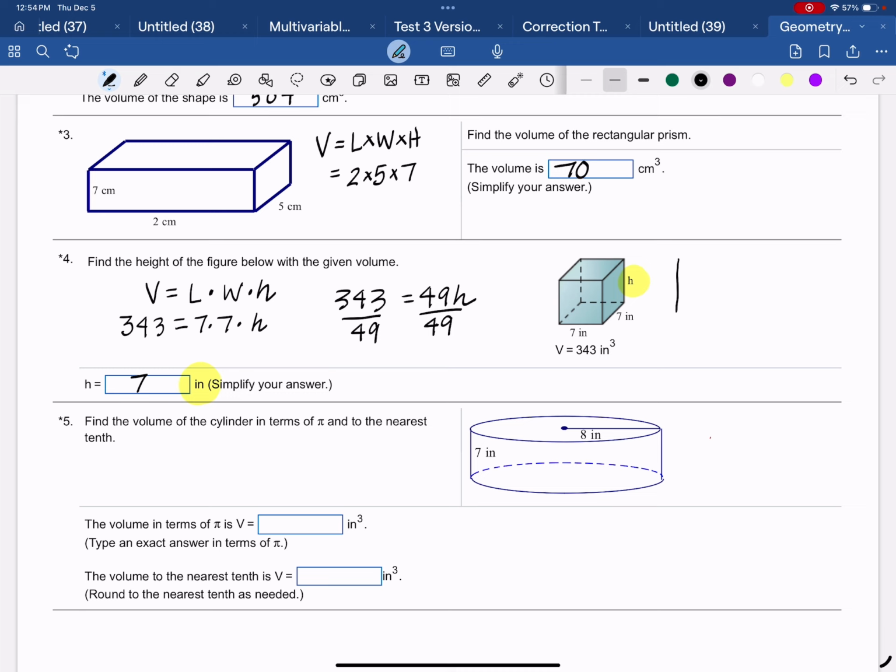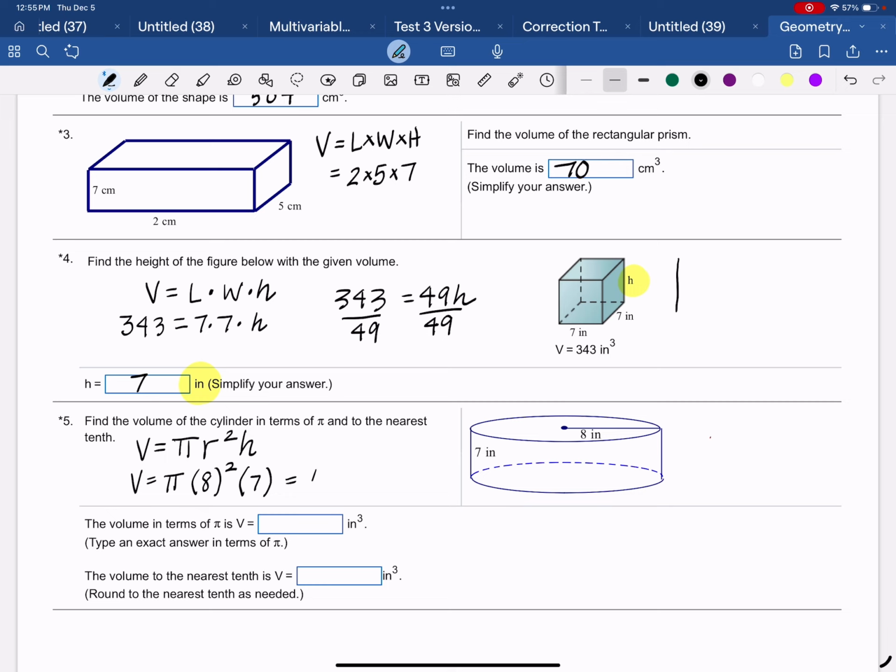Example number 5. Find the volume of the cylinder in terms of pi and to the nearest tenth. So our formula for the volume of a cylinder is pi r squared height. So leaving the pi in, r squared is our radius, that's 8 squared, and our height is 7.